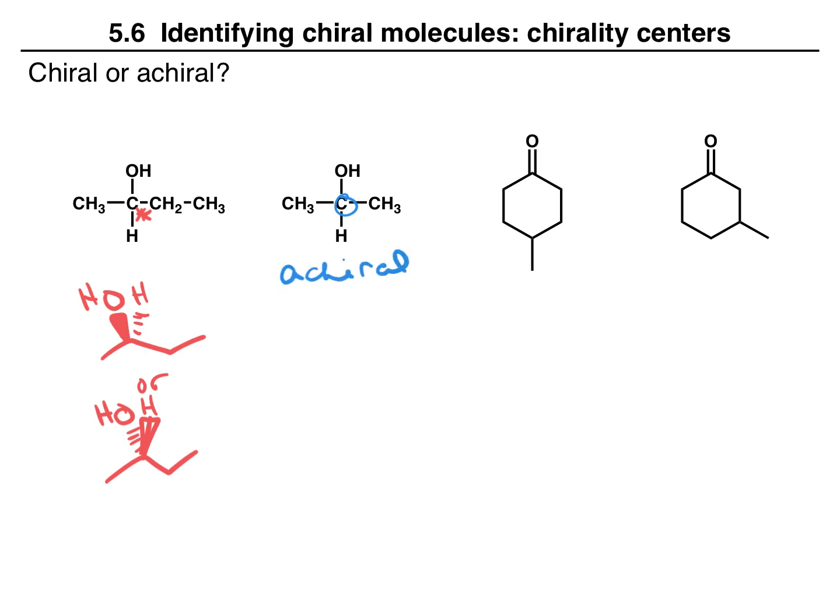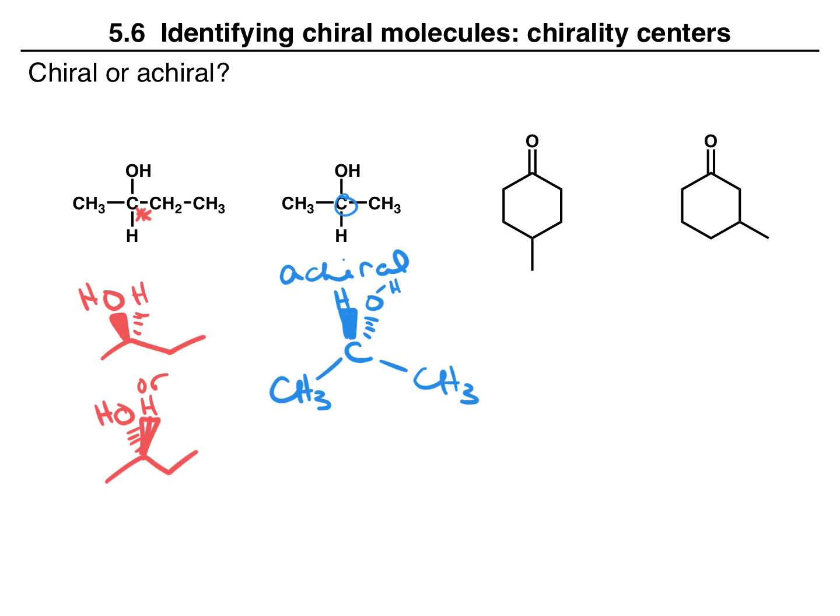Another way we could think about this is to draw it out in 3D, thinking about the actual shape. Let's say we have our hydrogen coming forward, and going back we have our OH.